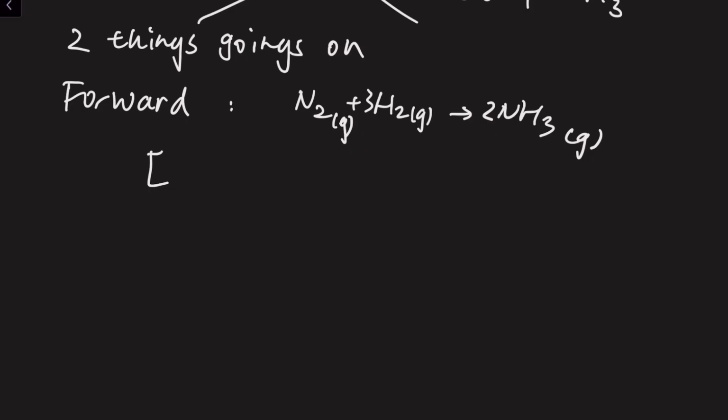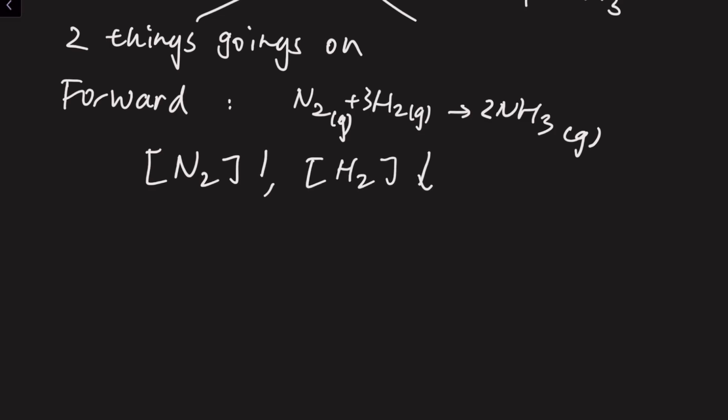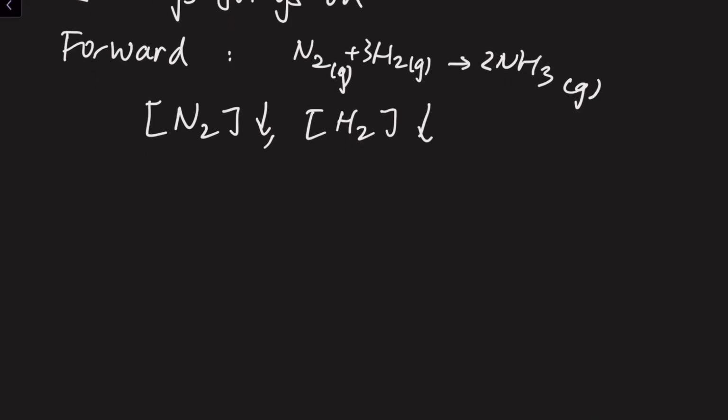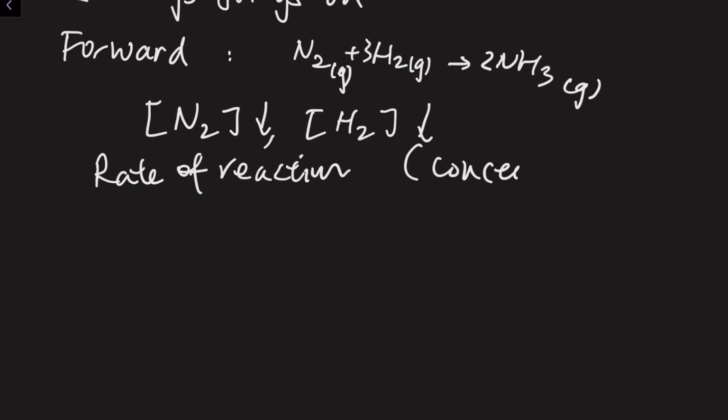So as the forward reaction proceeds, the concentration of nitrogen gas and the concentration of hydrogen gas would both decrease because they have been turned into ammonia in this chemical reaction. And based on the theory of rate of reaction, we know that concentration is a factor.